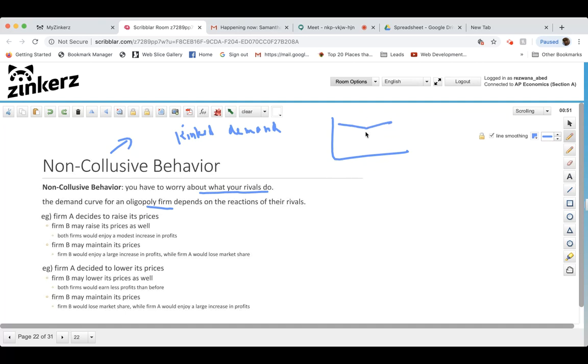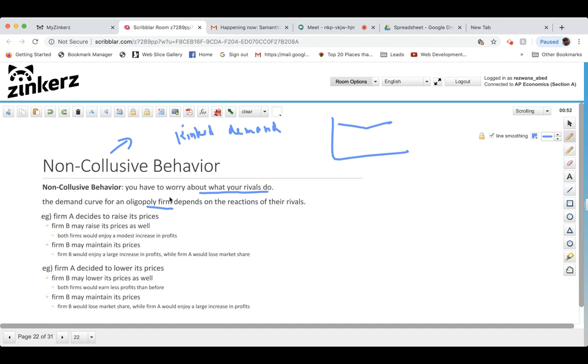The two demand curves have different slopes, and it's more than what we want to do in this class, I suppose. So we don't really do this, but this is what the demand curve for a non-collusive oligopoly would look like.